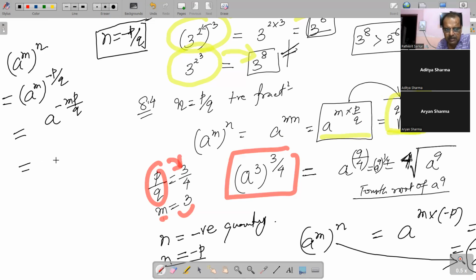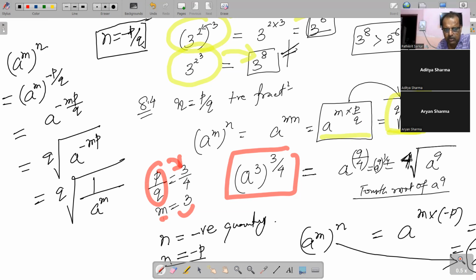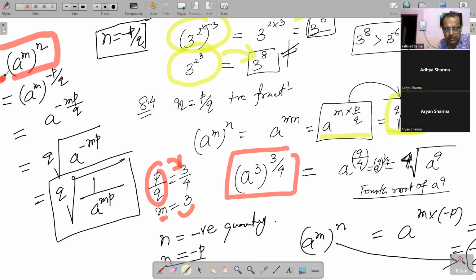So that means we can represent it as the qth root of a to the power minus mp, that is the qth root of 1 by a to the power mp. Because here a to the power mn means m is given and n value is minus p by q. If we multiply m with minus p by q, it comes down to minus mp by q.